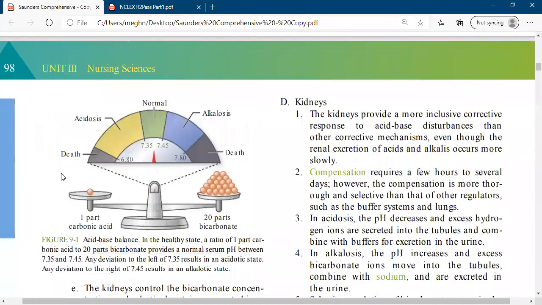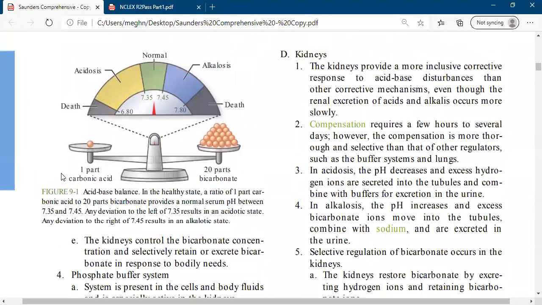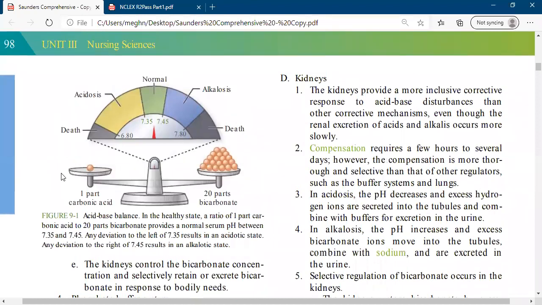I said for the NCLEX board, we need basic ideas, not too much. Okay, so you see this is the picture everybody can see. This is a symbolic picture, right? So I said the pH, or hydrogen ion concentration. pH means hydrogen ion concentration.